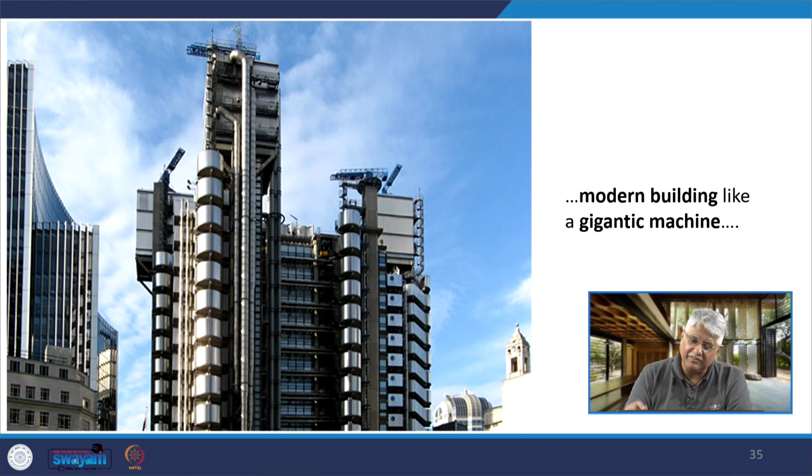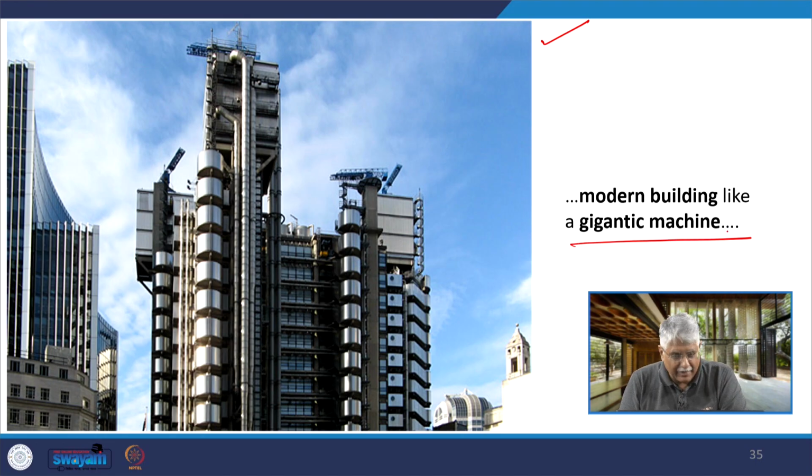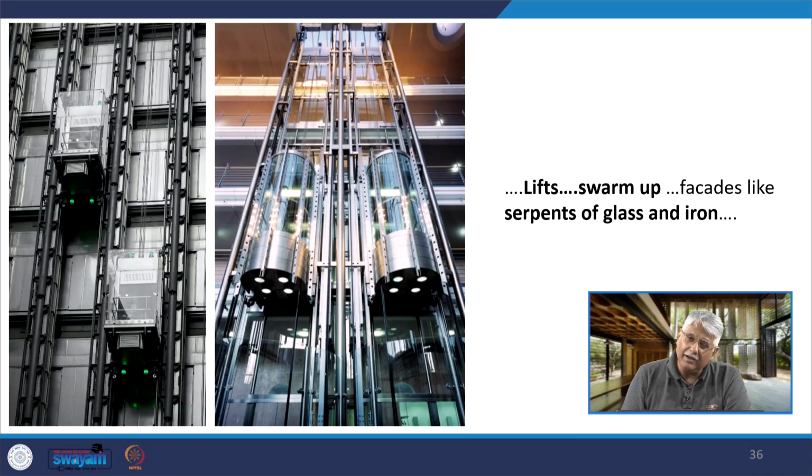So this we see here in the Lloyds of London, as he said in the manifesto, the modern building is like a gigantic machine, and that is true for the Lloyds of London. That lifts will swarm up the facades like serpents of glass and iron again became true in the Lloyds of London and many buildings across the world in the modern times.